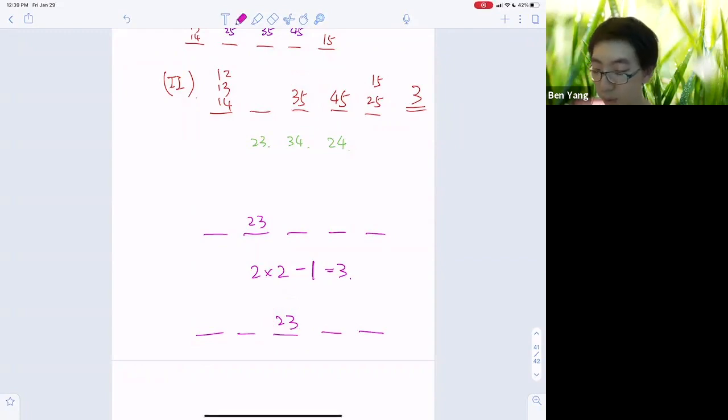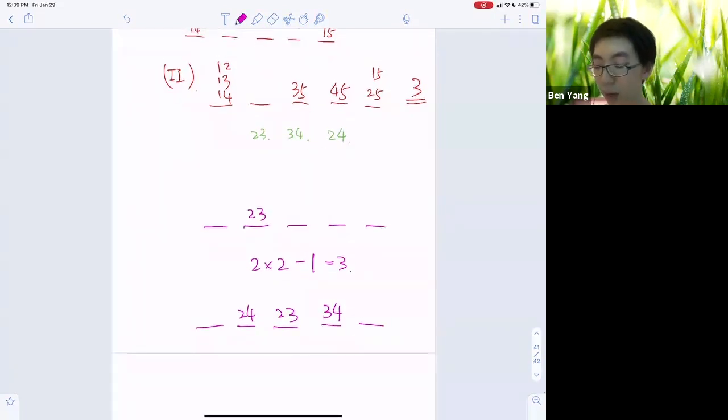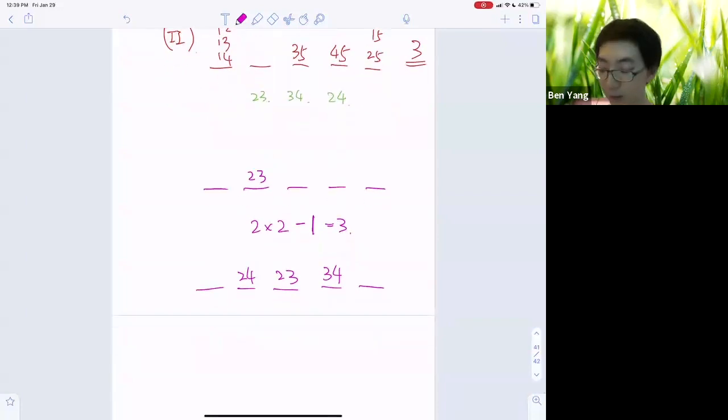So we need to put 3, 4 in the fourth box. But then we see that in the fourth box, there are 3, 4 and 4, 5, 2 cards. So for the card 2, 4, it cannot be put there. So 2, 4 can only go to the second box. So clearly, there's only one case like that.